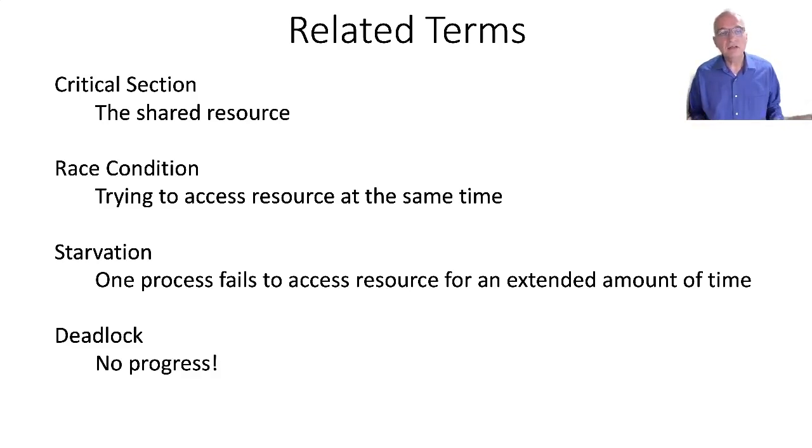And neither of them will release the locks, and neither of them can make progress because they need locks that other processors are currently holding. In that situation, we say that we have a deadlock because there is no progress in the system because the locks are being held by multiple processors that still need other locks and are not releasing the locks that they have.